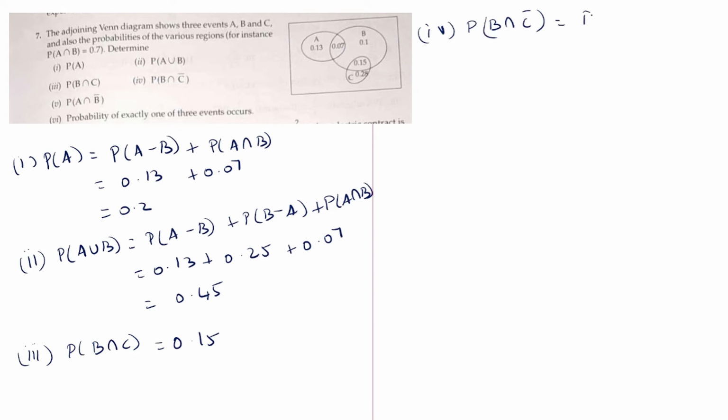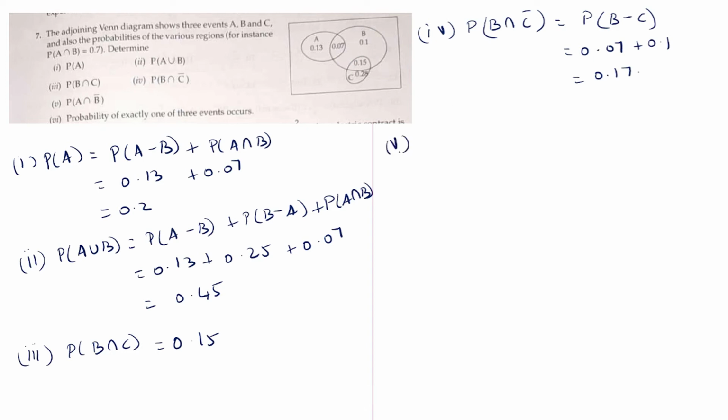So probability of B intersection C bar is nothing but probability of B minus C. So it consists of B without C. So it is equal to 0.07 plus 0.1, which is 0.17. So it consists of this region. So it is 0.17.